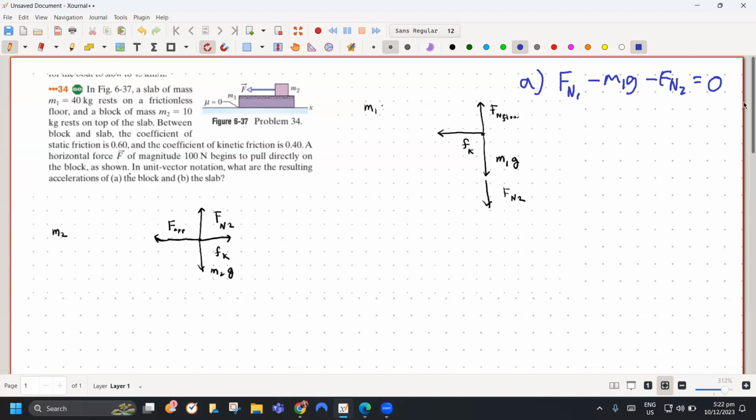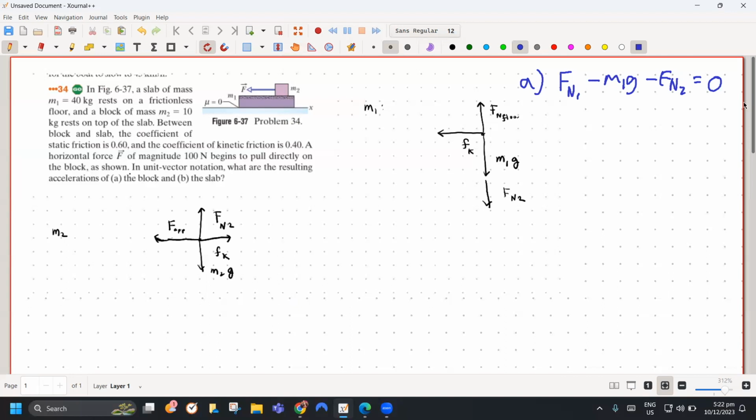So kung static, yung free body diagram will still be the same, pero Fs. Depende sa applied force. Pag masyadong malaki yung applied force, we're expecting na magkakaroon ng relative motion between the objects, di ba?